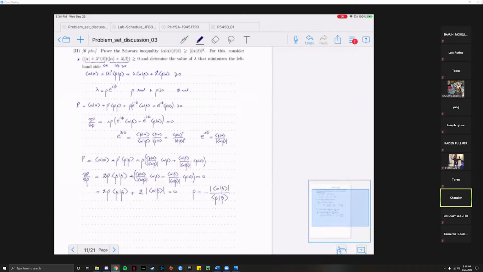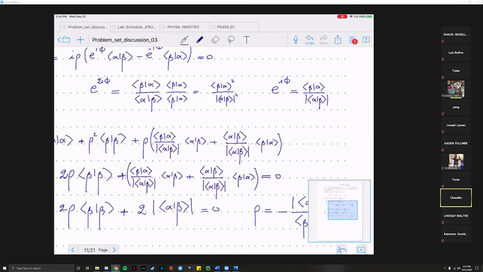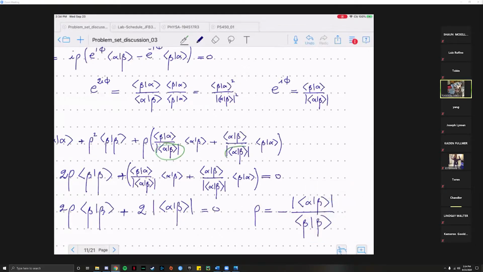So I actually have a question about when you plug in e to the i phi. It's the third line from the bottom. Yeah, the third line from the bottom. Why is the denominator the same when you plug in e? Why don't you flip the bras and kets on the denominator as well? So here and here? Yeah.